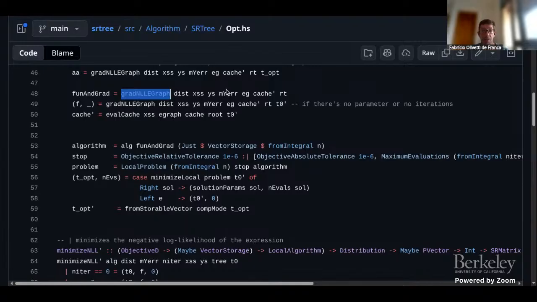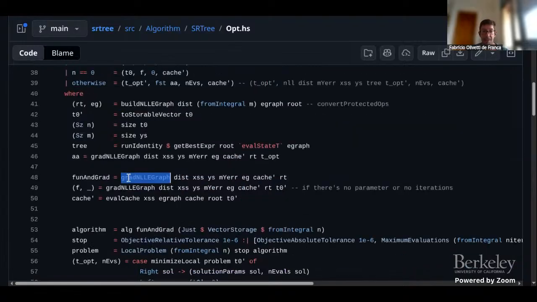So actually, what comes out from this grad NLL eGraph? Mm-hmm. So again, this takes the eGraph as a parameter and the proposal of a theta, and I evaluate everything inside the eGraph. What comes out is a scalar value, that is the likelihood function, and the vector of parameter values.